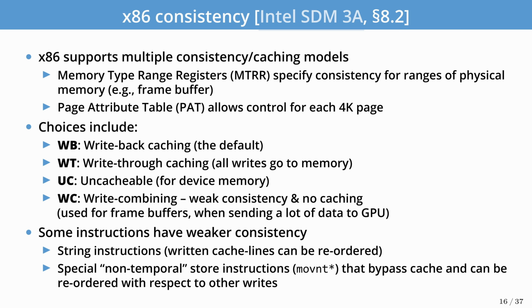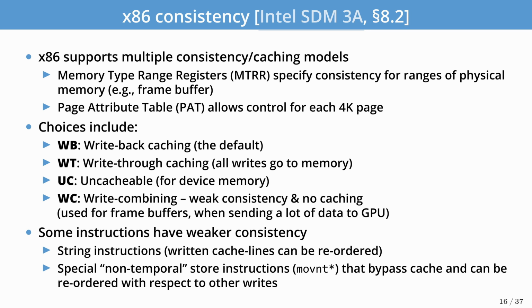So x86 and many other processors usually support multiple consistency models. They have a set of memory type range registers that allow you to change the consistency model for various uses. Hardware device memory, which we'll see when we start talking about devices and I/O later in the course, might specify a particular consistency model so that it understands when data is flushed.